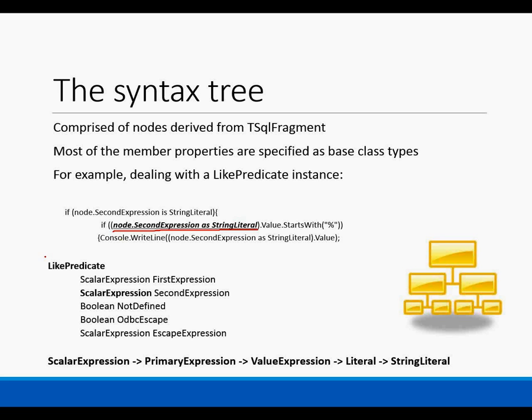You'll notice here that the like predicate, for example, which is another class within the ScriptDom, has many members. If you want to look for the strings which are passed to the like predicate, which begin with a % wildcard, then essentially what you're going to be looking at is this thing called the second expression. That's a member of the like predicate. But the second expression is of type scalar expression, and scalar expression is, again, an abstract class.